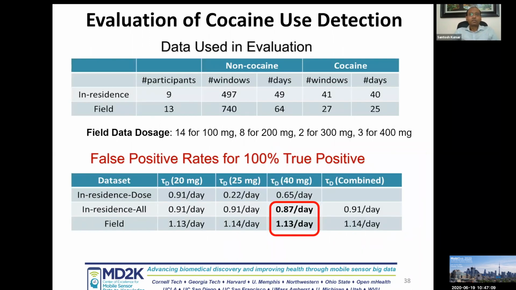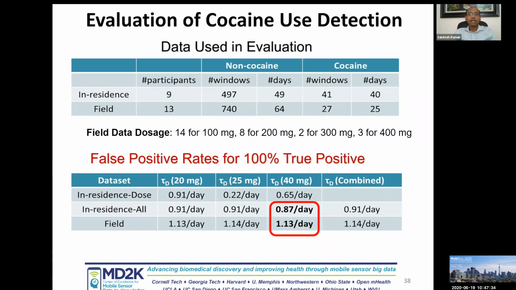So for the cocaine use model, as I said, we had to isolate for the field study. In the lab study, it was clear as to when there was cocaine and when there was no cocaine. But for the field study, we had only self-report, and then we had this urine test. What the urine test did for us was that it confirmed which days we could confidently say that participants did not use cocaine.